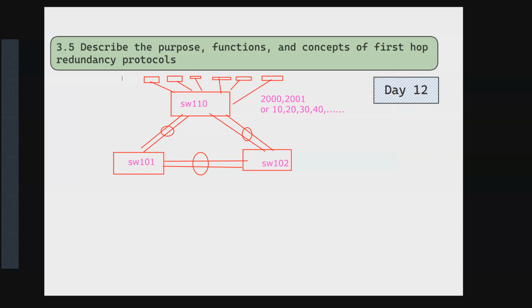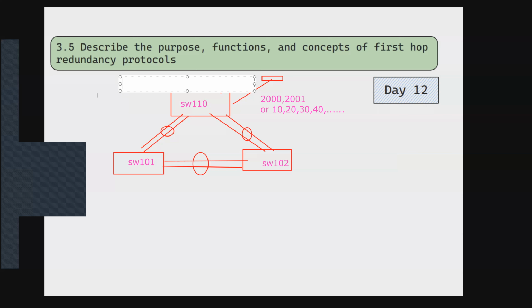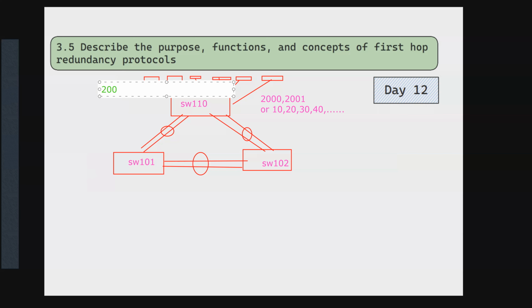Suppose one of the PCs is part of VLAN 2000 and another PC is part of VLAN 2001 as an access VLAN. There is no problem. A few of the systems are part of one VLAN, and a few are part of a different VLAN. Now let's focus on VLAN 2000. Suppose you have PCs that are part of VLAN 2000.